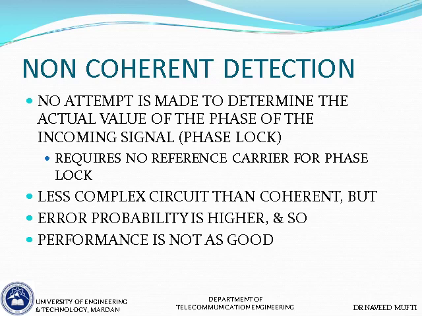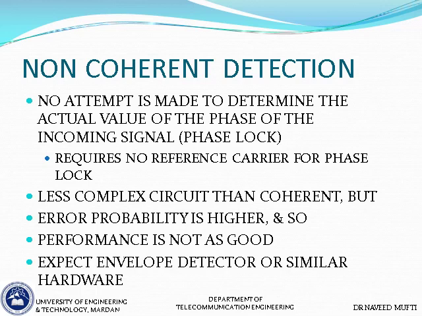But because its hardware is simple, you can expect an envelope detector or similar hardware in the receiver structure of non-coherent detection. So we have compared both types of detection, and based on the hardware you can guess which type of detection is being done, whether coherent or non-coherent.